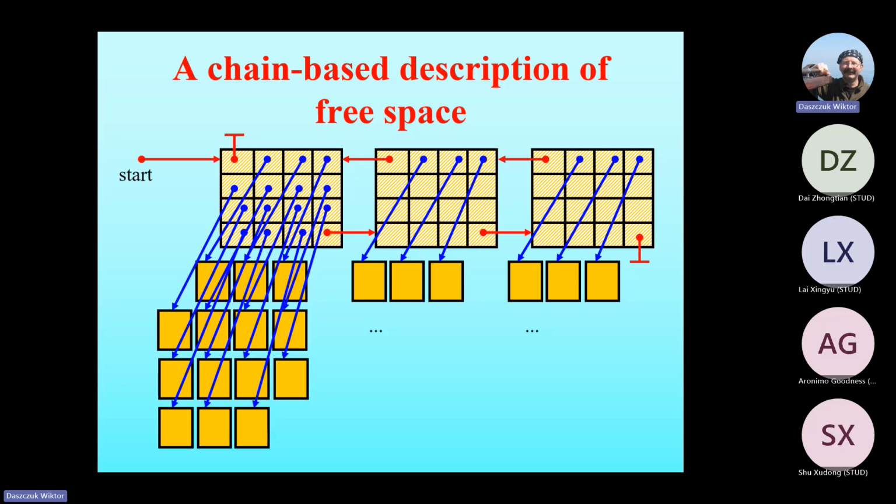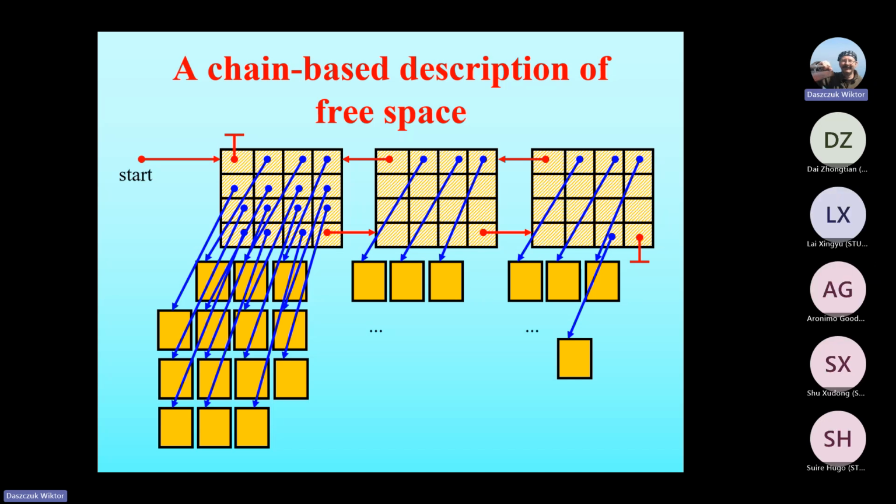Imagine what happens when we add a new block. If, for example, the entry before the last is free, we use this entry to point to this block. It's easy. And if this block is full, we chain the new block to the list.